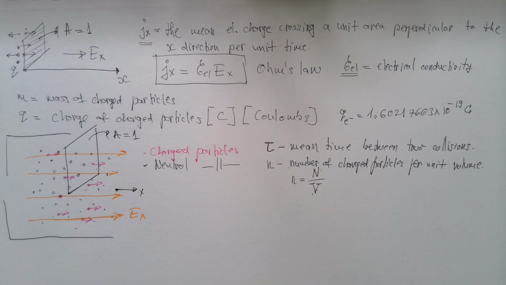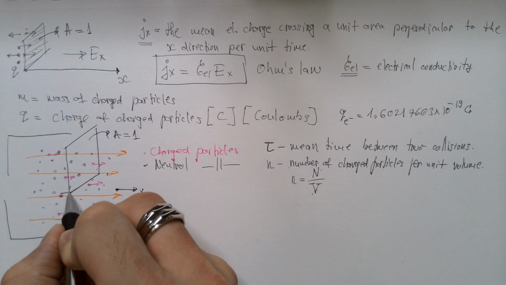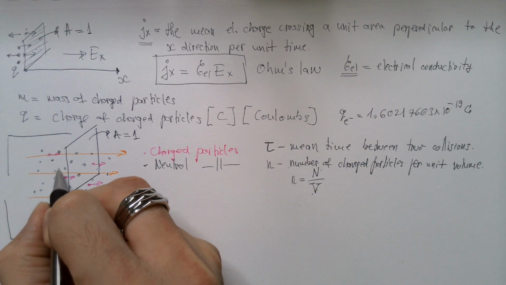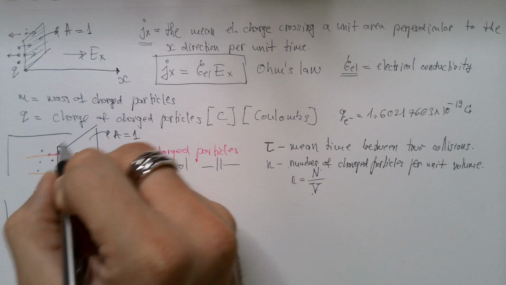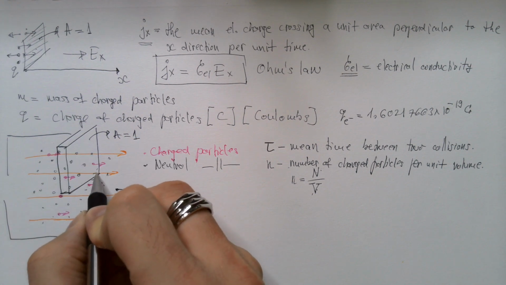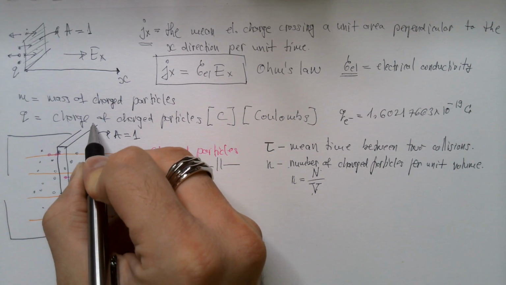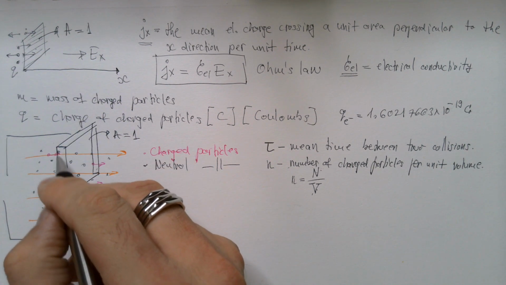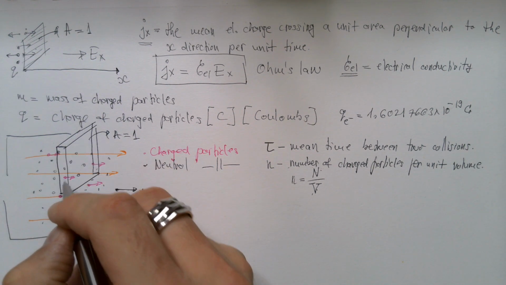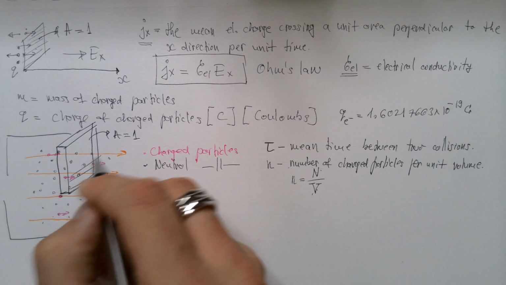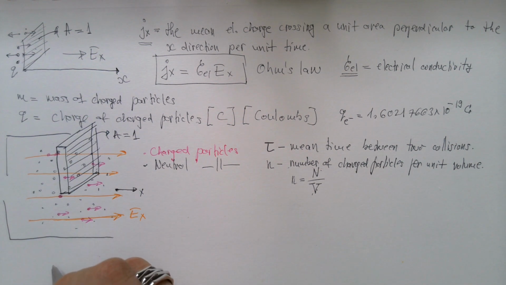Well, to find that, we will use the similar principle that we used in my previous videos when we discussed effusion, viscosity, and heat transfer in a gas. I will define some critical volume like so, and this critical volume contains charged particles that will cross this unit area A in unit time.